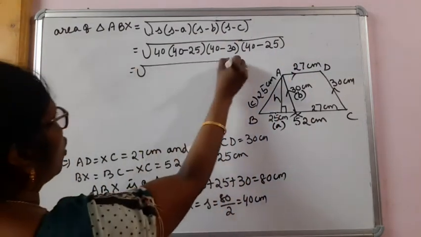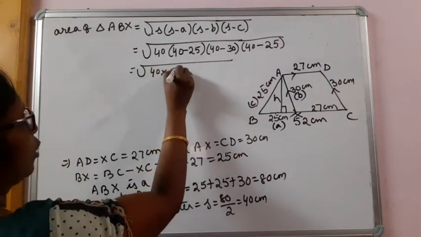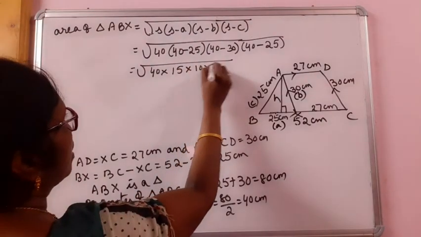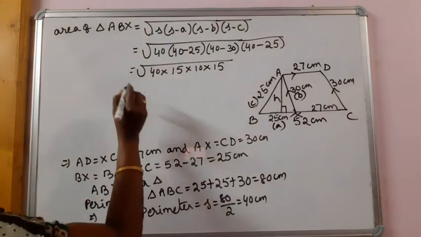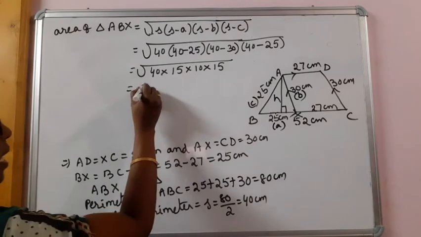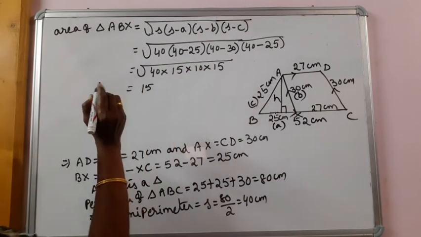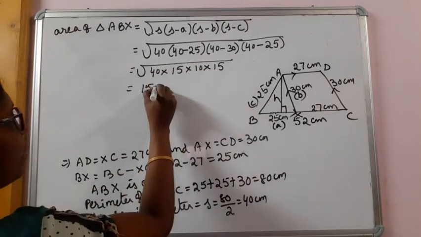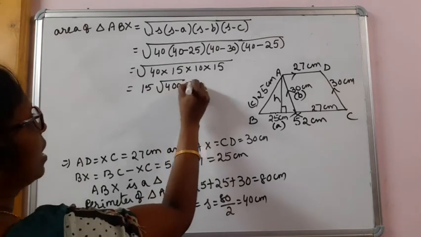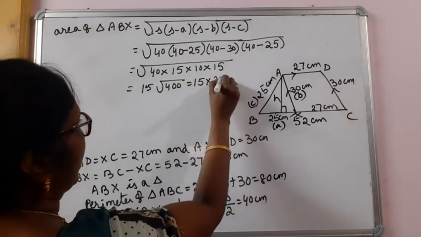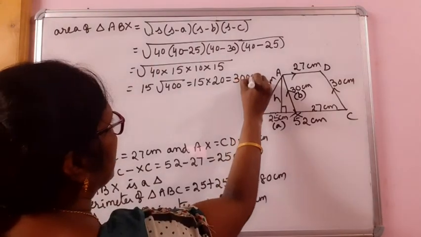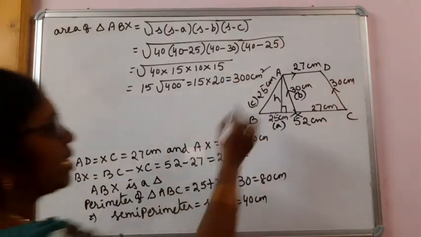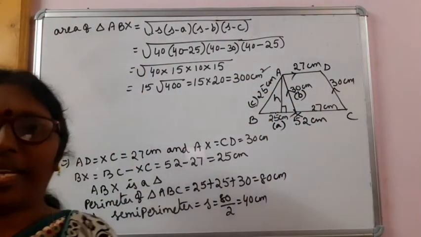So we'll get square root of 40 into 15 into 10 into 15. Two 15s are there, so when we open the square root, 15 we get. 40 into 10 is 400, and the square root of 400 is 20. So 300 cm squared is the area of this triangle ABX.